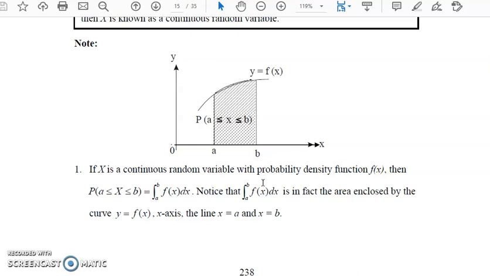Then the next one: for the PDF, the probability of x between a and b will be equal to the integral of f(x) from a until b, which is the area enclosed from a until b above the x-axis. This is the graph y equal to f(x), and the shaded area here will be our area.